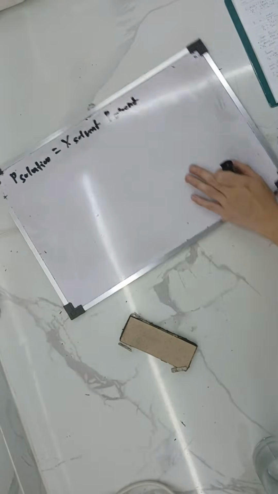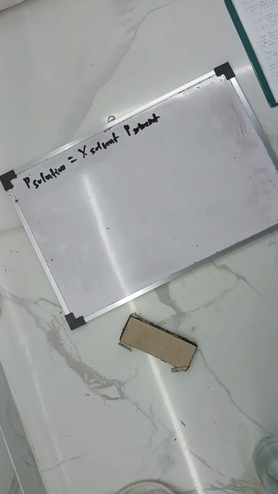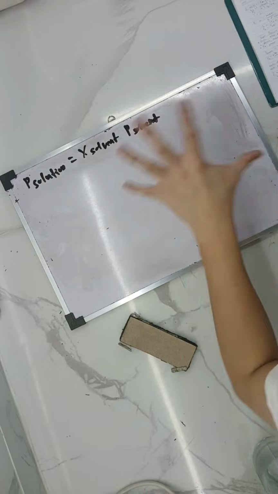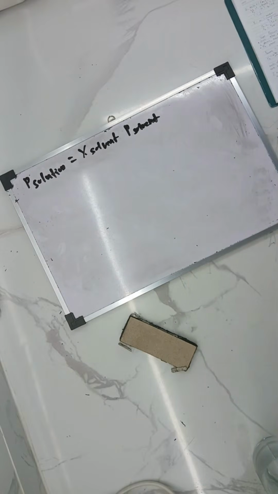So again, the vapor pressure of the solution is equal to the mole fraction of the solvent times the vapor pressure of the solvent. So there's only really two variables that we need. This formula is actually one of the quicker ones, since there's less that's given.